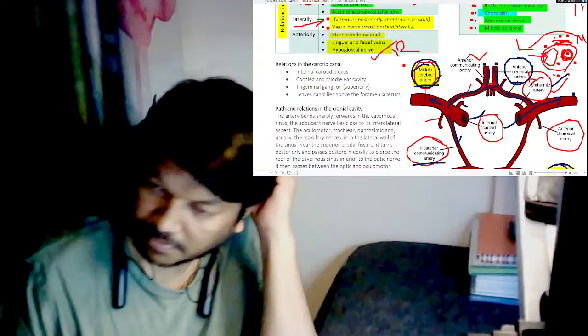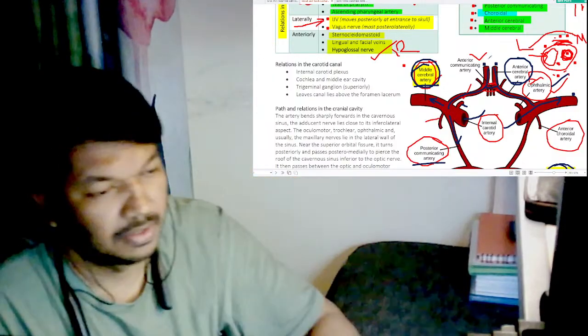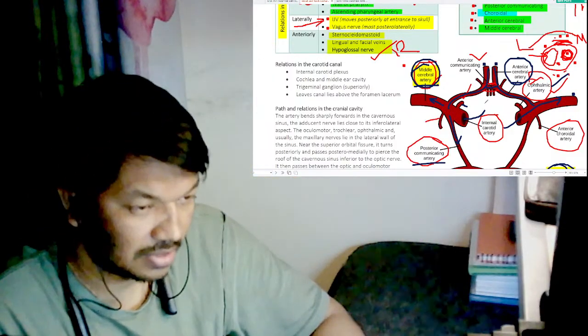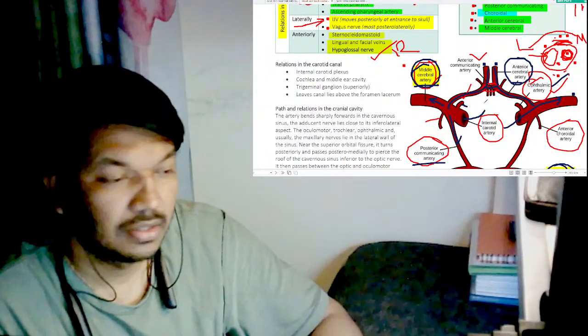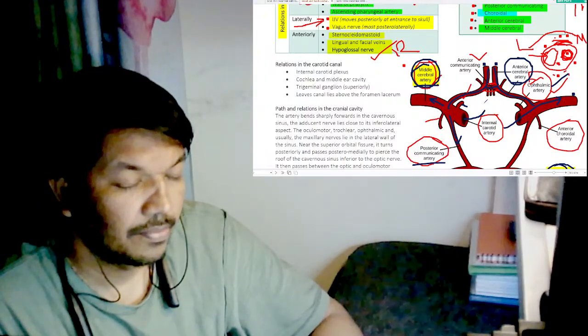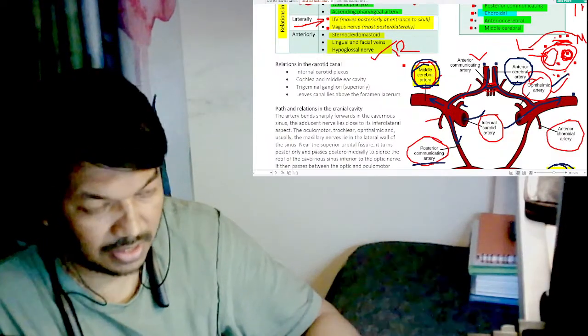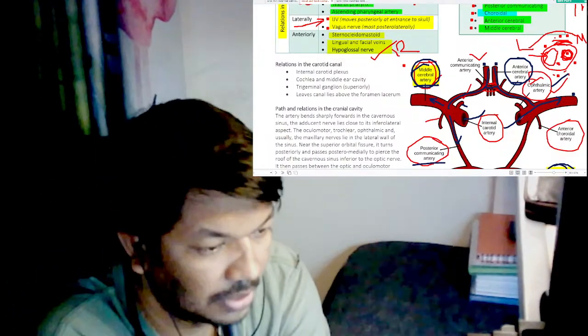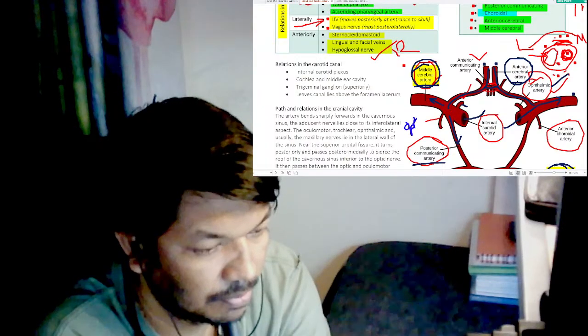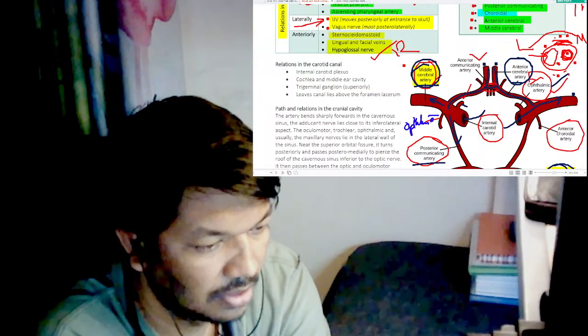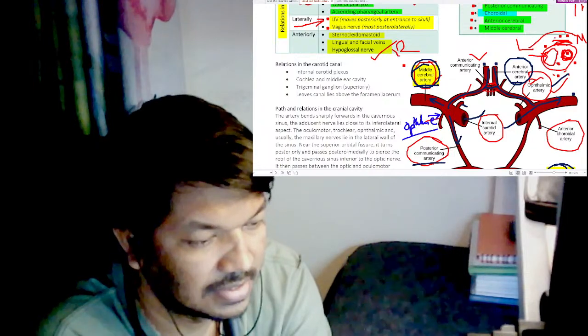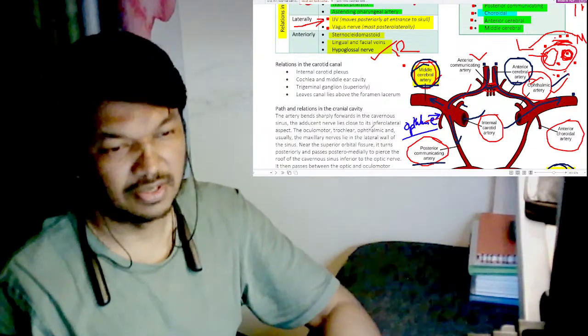Carotid foramen. After entering into the skull, they give their first branch, that is the ophthalmic artery. So don't forget, ophthalmic artery is the first branch of the internal carotid artery.